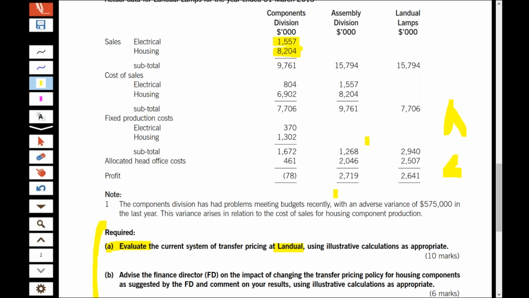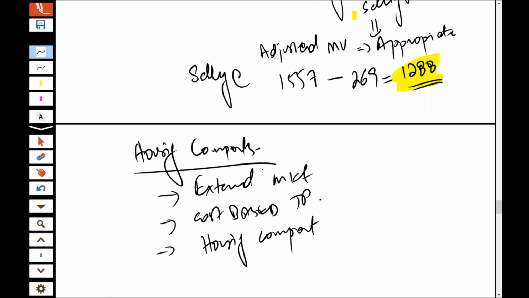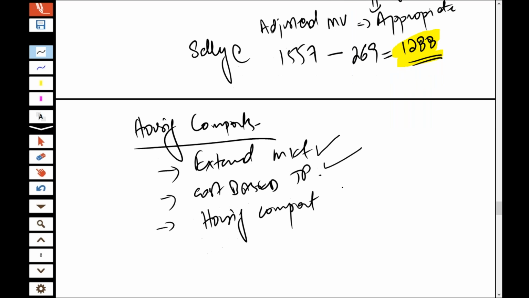So now let's discuss further. Basically what happens is the housing components does not have external market, therefore cost based transfer pricing is okay.